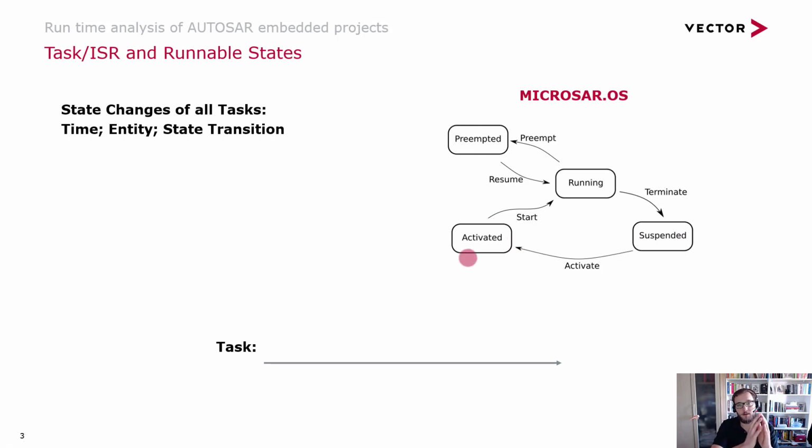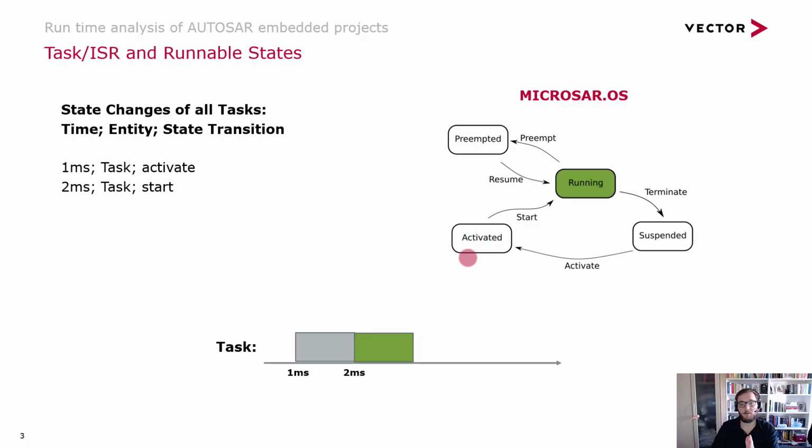If we have a look at this on a timeline, then it would look like this. So at the time point of 1 millisecond, your task is getting activated, but it's not yet running on the core because other tasks are still running. Then at the time 2 milliseconds, this task is getting to run on the core.